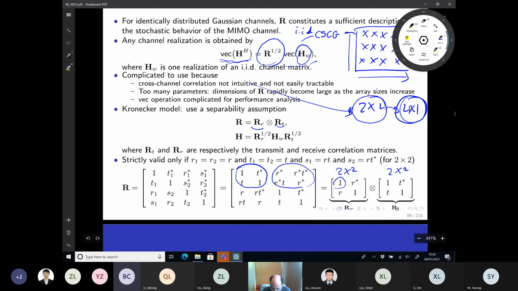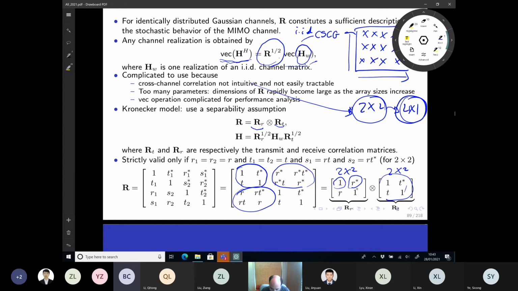This block here comes from the second entry multiplied by this matrix, so I have R conjugate multiplied by this matrix. If you do Kronecker products of 2 by 2 matrices, you get a 4 by 4 matrix, because each entry has been multiplied by the entire second matrix.